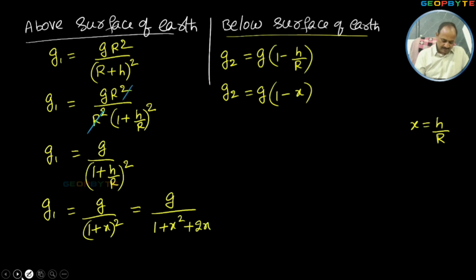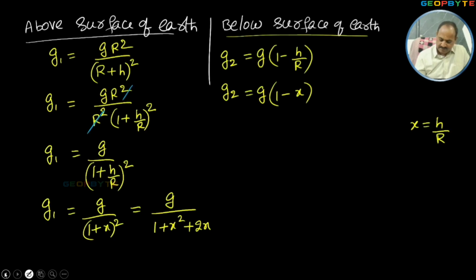Now let us equate these two. Here g1 equal to g2. g1 I got g by (1 plus x square plus 2x), whereas g2 is g into (1 minus x). This g is the acceleration due to gravity at the surface. Now let us simplify it. (1 minus x) into (1 plus x square plus 2x) is equal to 1.